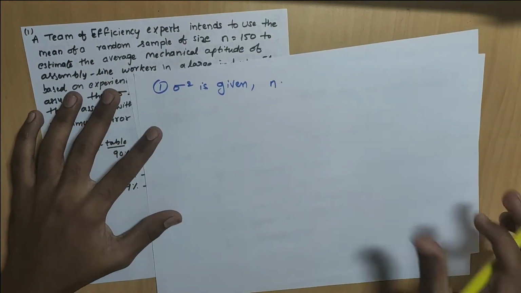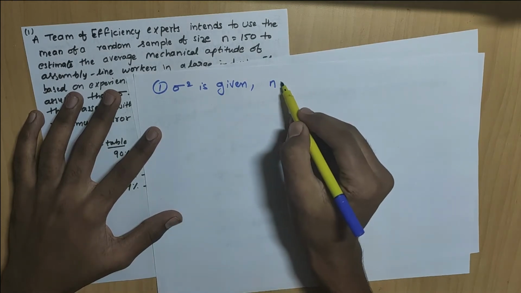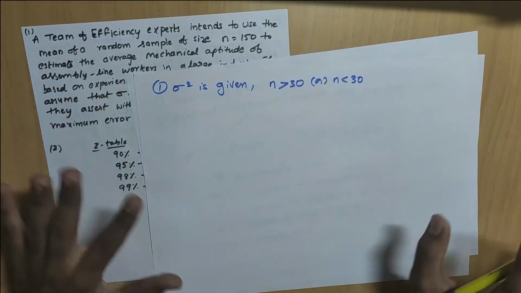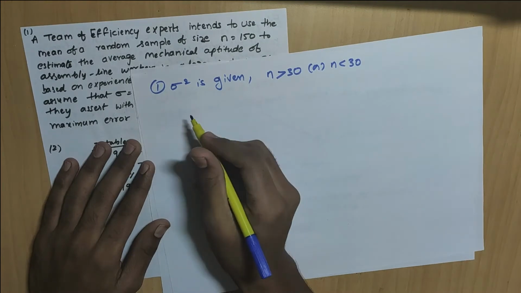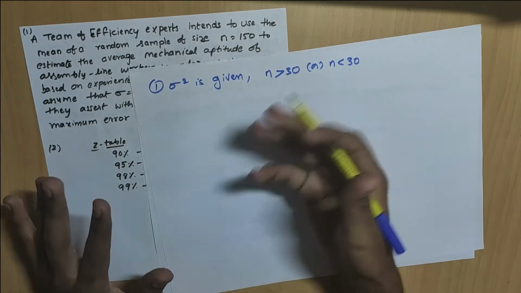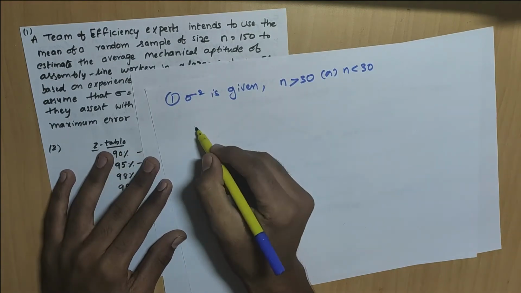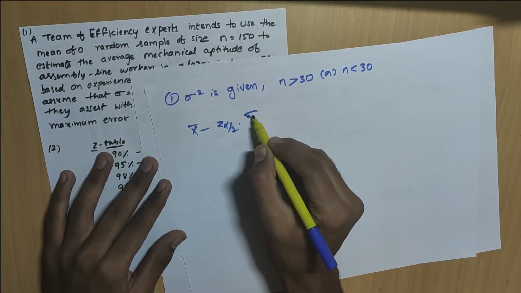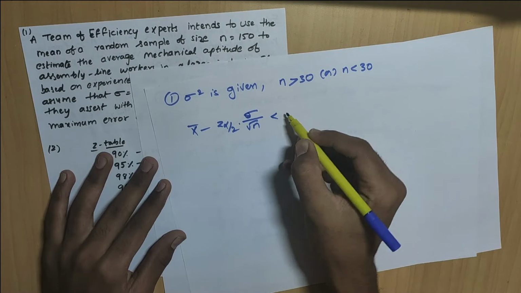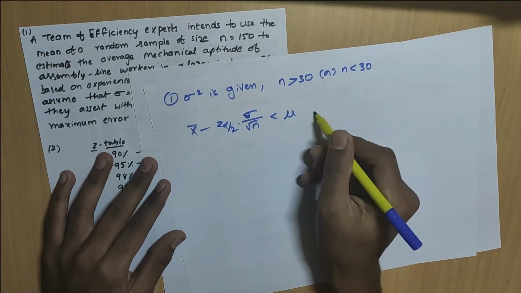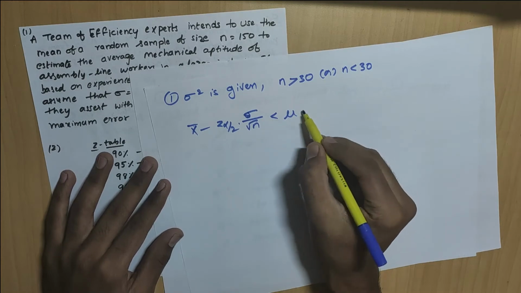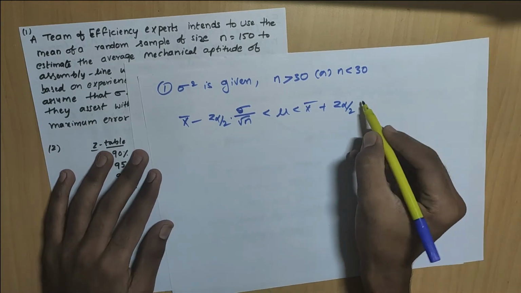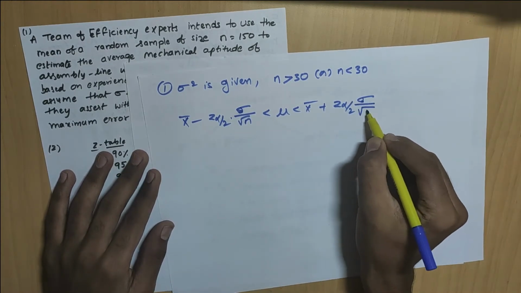When sigma square is given, meaning the variance of the population is given, and n is greater than 30 or less than 30, the formula we should know for the upcoming problems is x bar minus z alpha by 2 sigma by root n less than mu, where mu is the population mean, less than x bar plus z alpha by 2 sigma by root n.